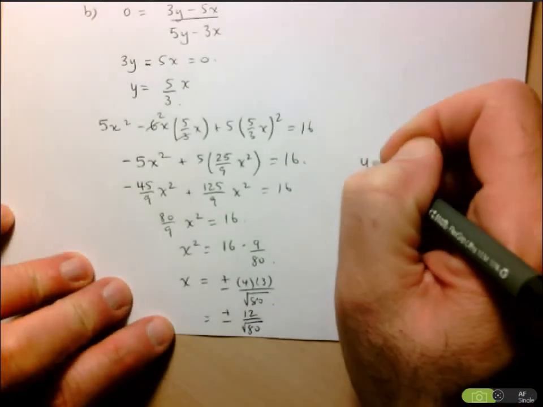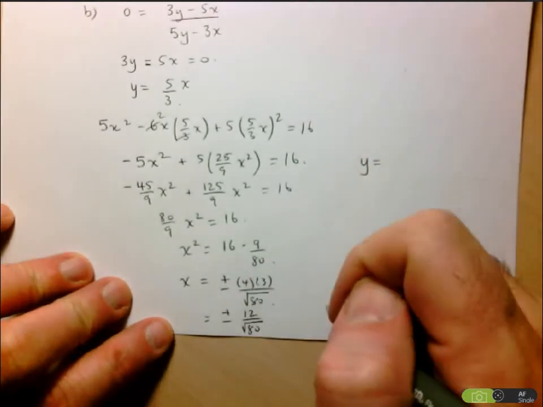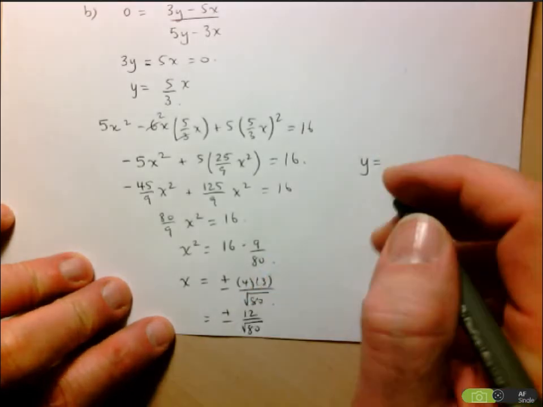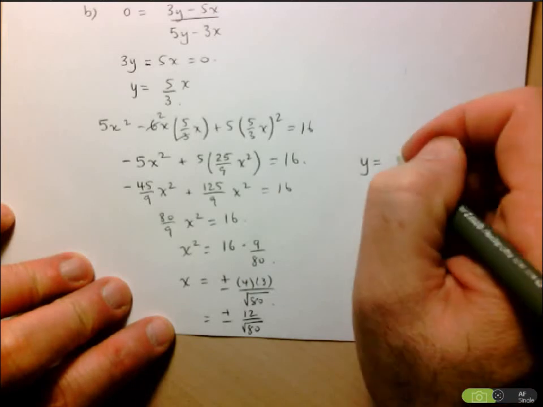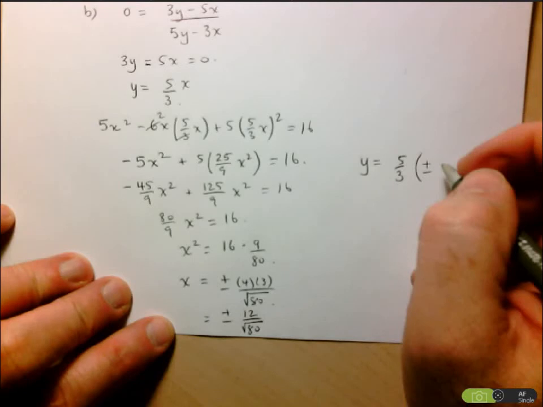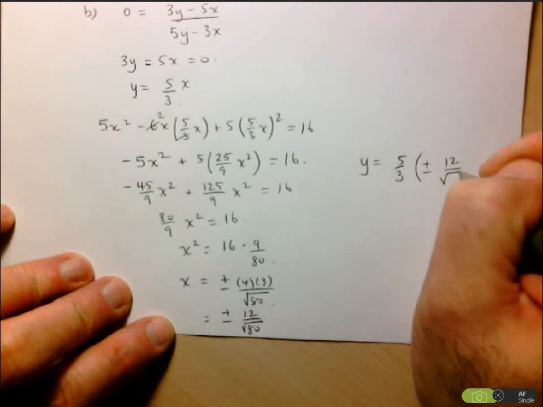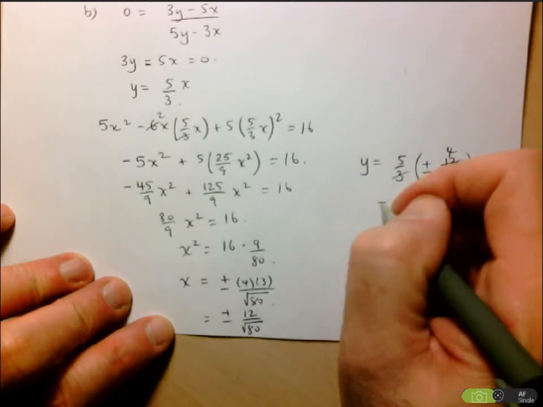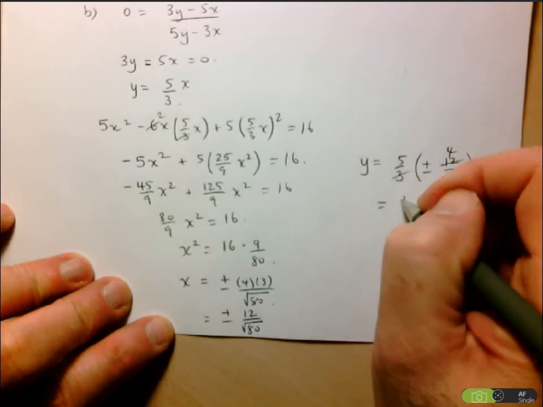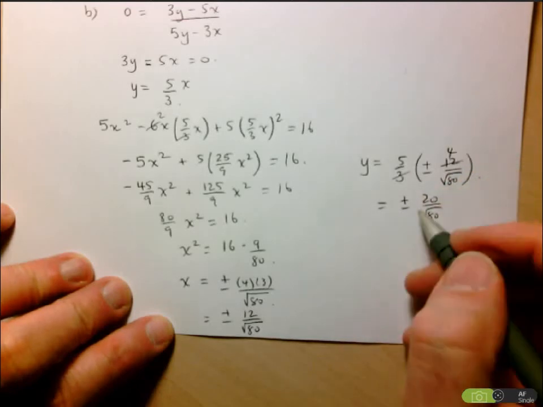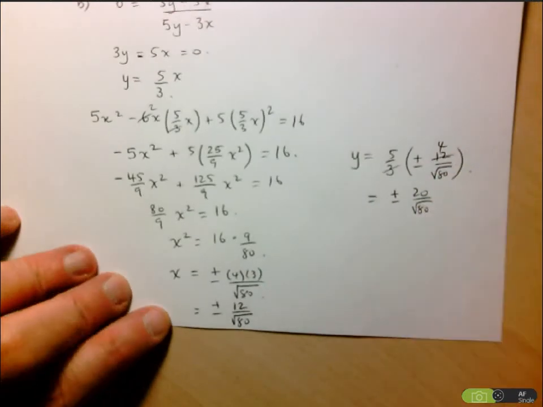We can determine the y values by just multiplying x by 5/3. Since it's just plus or minus, I think I can get this done in one step. So 5 over 3 times plus or minus 12 over root 80. Here that simplifies to 4, so we've got y equaling plus or minus 20 over root 80. Now this could be simplified by simplifying the square root, but I'm fine if we leave it as is.